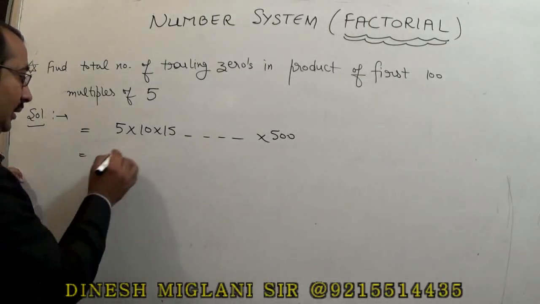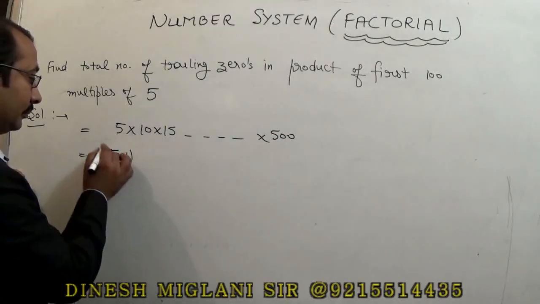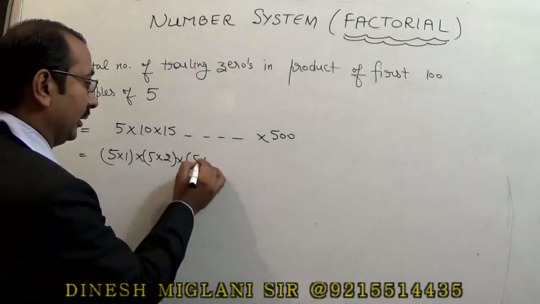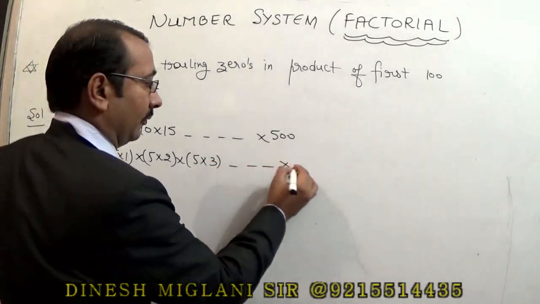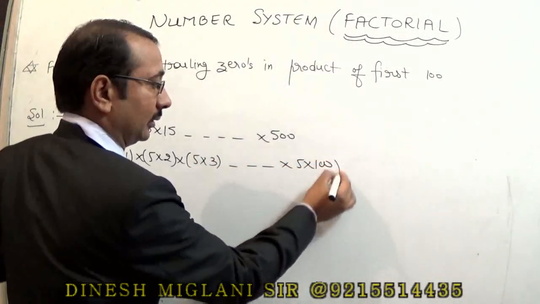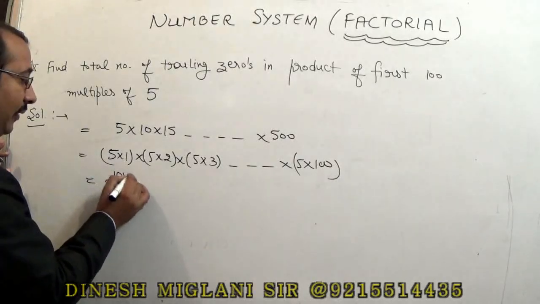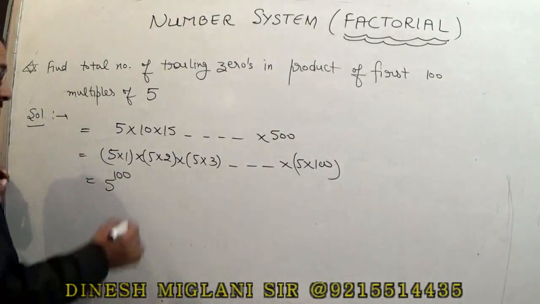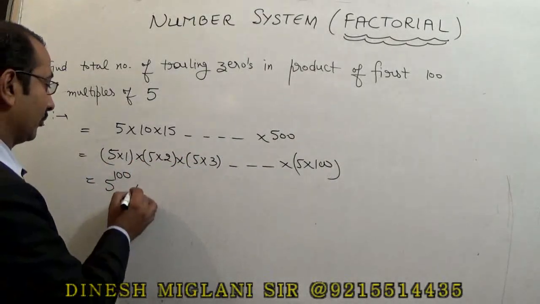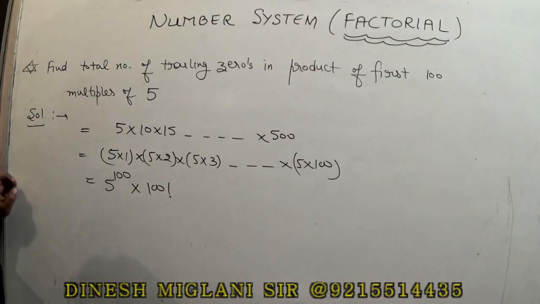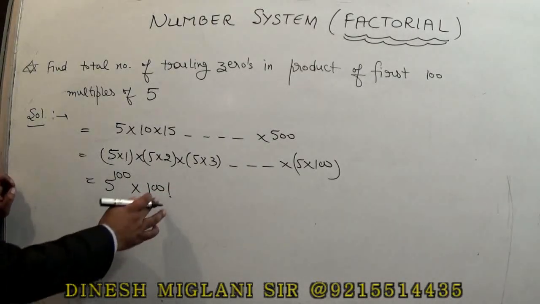I make pairs: 5 into 1, 5 into 2, 5 into 3, up to 5 into 100. How many times is this 5 multiplied? For 100 times, so this gives me 5 raised to power 100. And then 1, 2, 3 up to 100 gives me 100 factorial. Now in this question, I cannot directly find it.